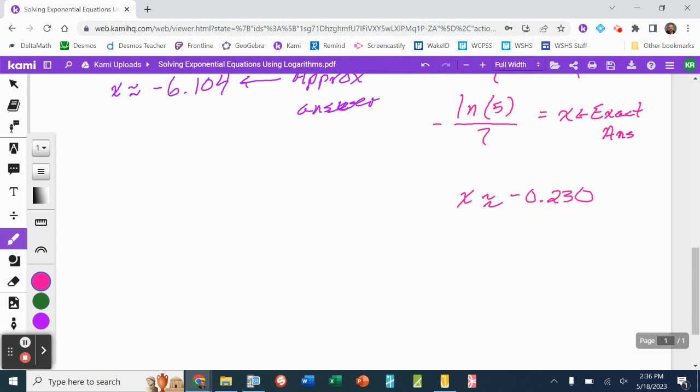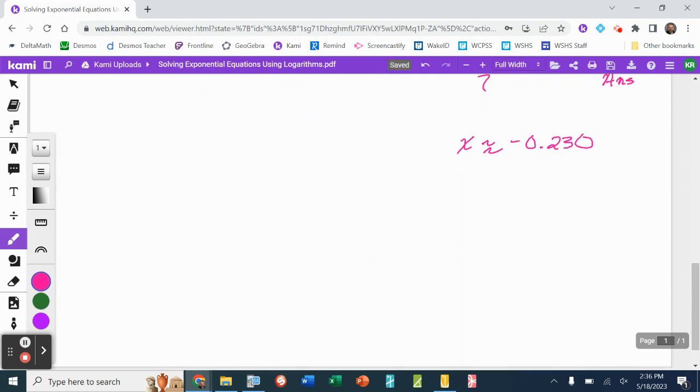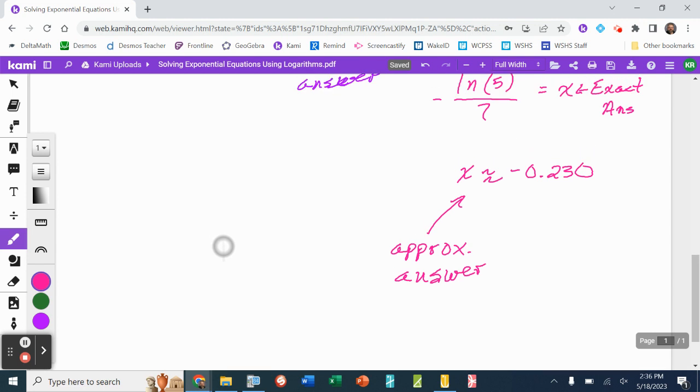So this is if I was asked to round to 3 decimal places, and again, this would be our approximate answer. It's not going to be exact because a logarithm is irrational, and so its decimal is never going to repeat, and it's never going to stop. So this is an approximate answer. And that's it.